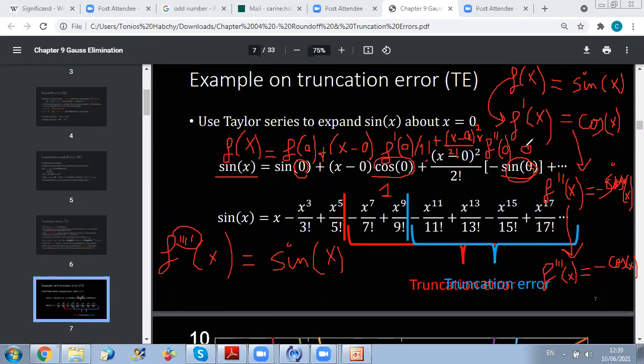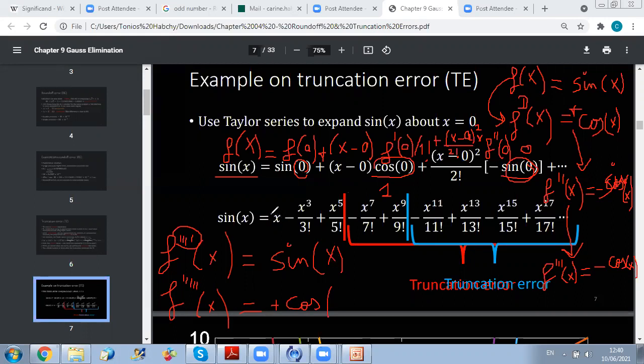So you will only end up with odd terms, and the sign will be alternating. Why? Because f prime will be plus cosine x, while f third will be minus cosine x, and f fifth, 1, 2, 3, 4, 5, will be plus cosine x, and it will be repetitive. So you have alternating signs from plus to minus.